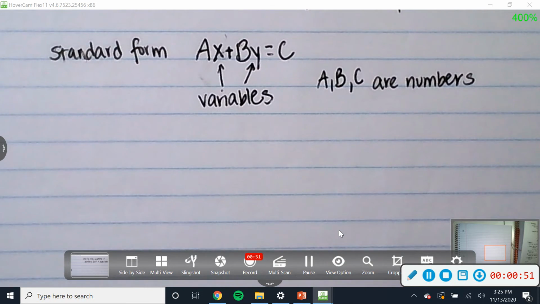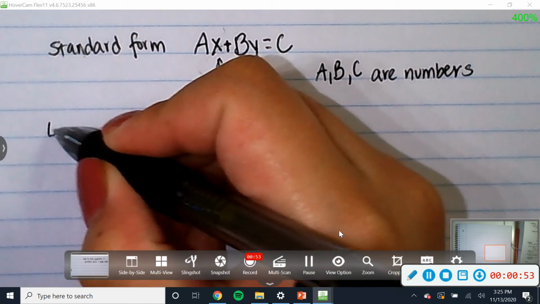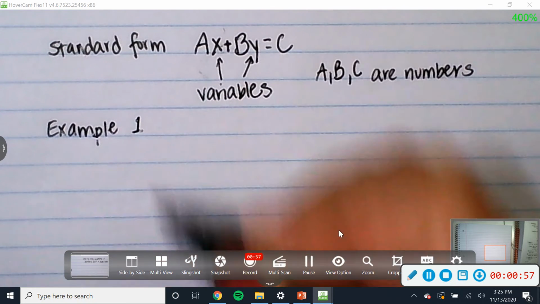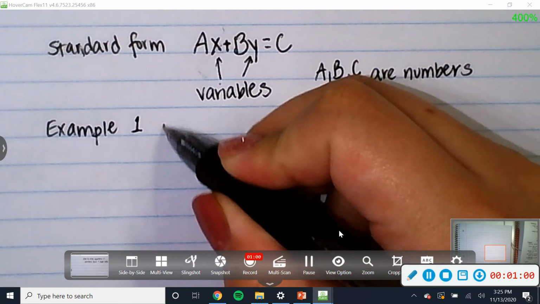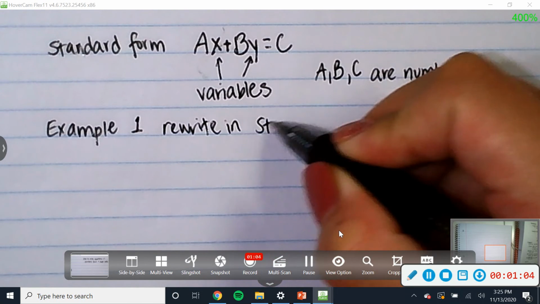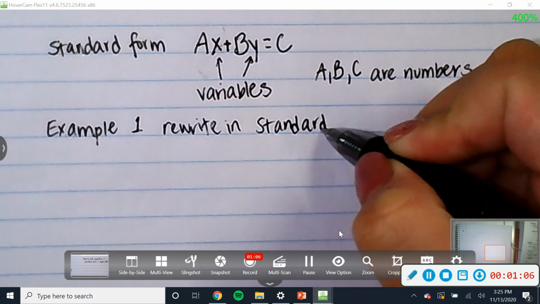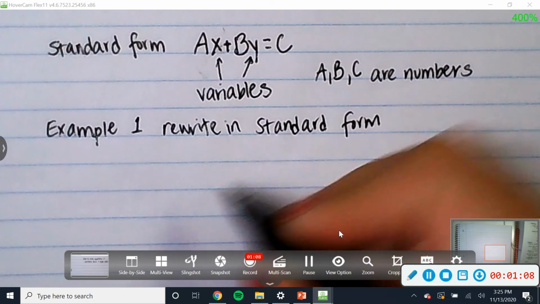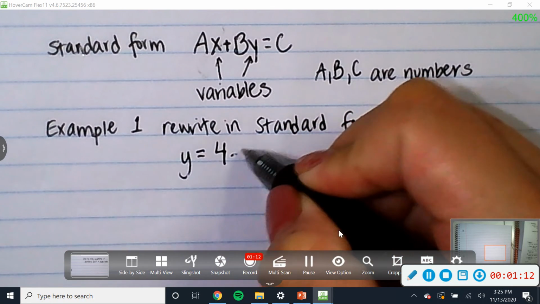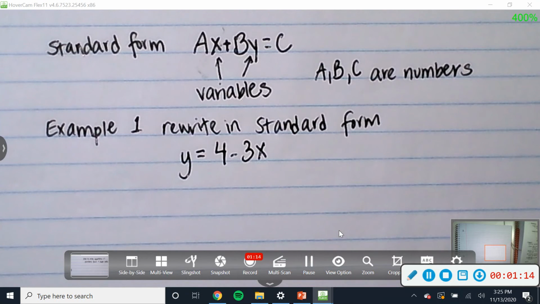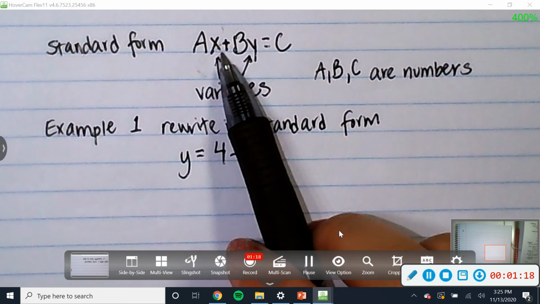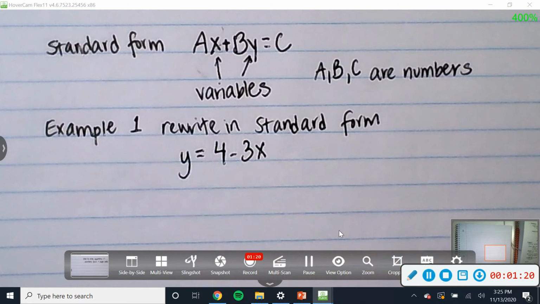So if I'm given a problem, such as example 1, where I need to rewrite my equation in standard form. My equation is y equals 4 minus 3x. So I need to get this equation to look like my ax plus by equals c.